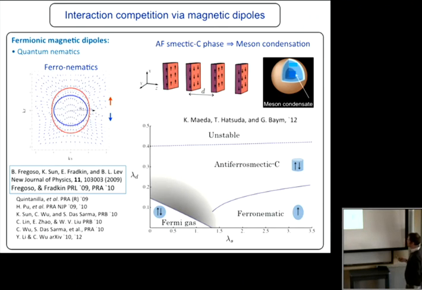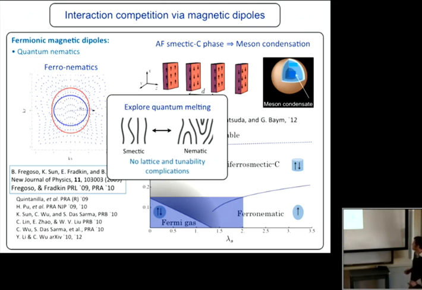And you can start to build a picture of these quantum liquid crystal states as a function of S-wave scattering length and dipolar length, where you have these smectics, ferronematics, and the normal Fermi gas here. And with dysprosium, we should be able to access this regime here and this terra incognita over here. So in principle, we should be able to explore some nice physics with this.